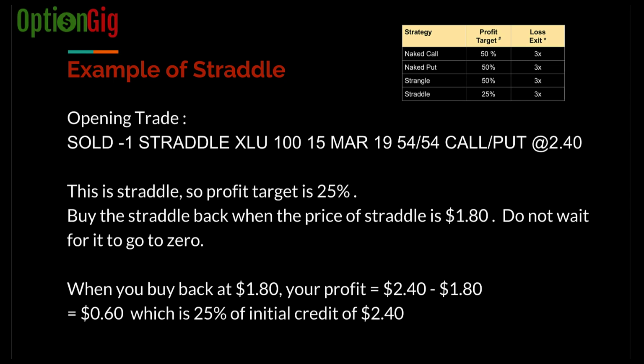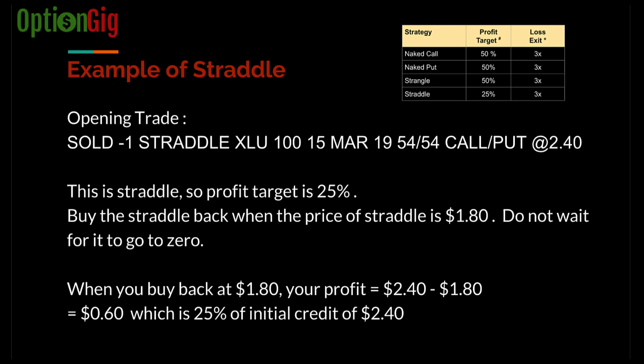Okay. Now let's take an example of a straddle. In the case of a straddle, our profit target should be 25%. So let's say this is a straddle of XLU, a utilities ETF, at the 54 call and 54 put, and we initially sold it at $2.40.